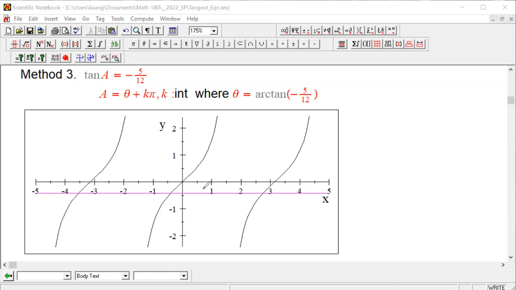All of these points give us a solution, and all of these have the same tangent ratio, the same output, -5/12. And what is the solution? The solution is the orange: the arc length or the angle input, plus k pi.